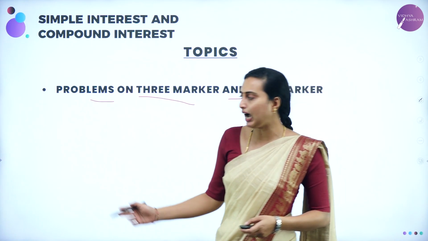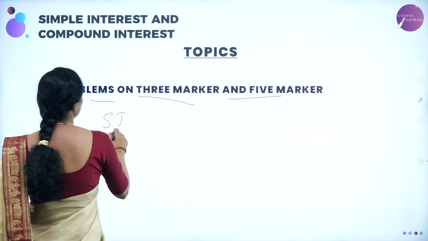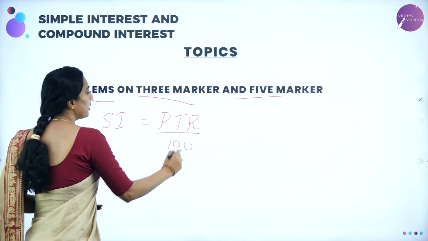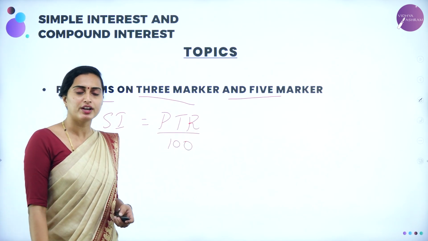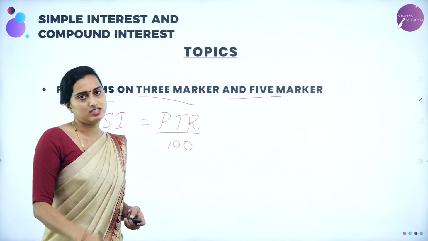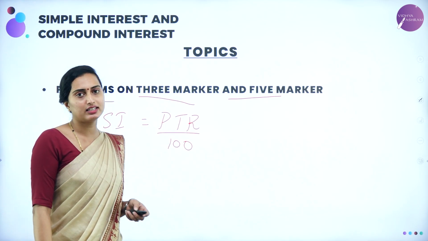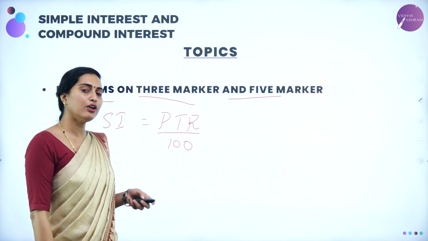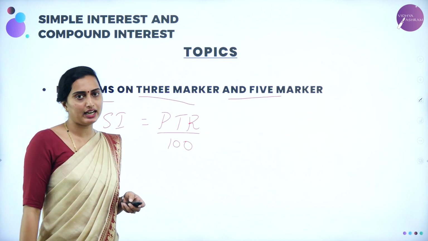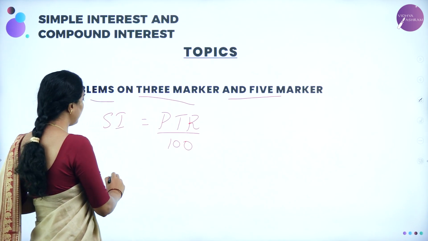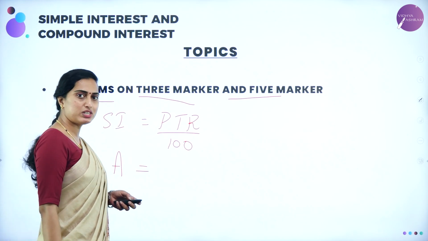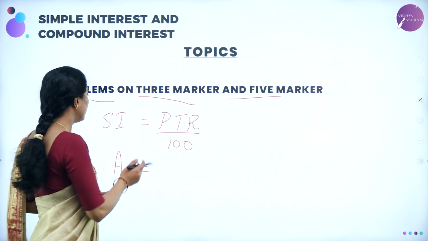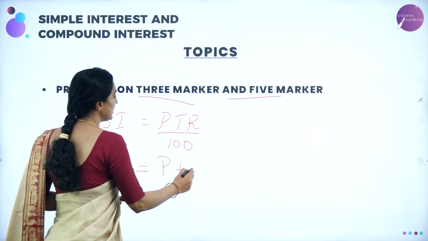You are going to remember what you mean by simple interest. Simple interest is given by SI equals PTR divided by 100, where P is nothing but the principal amount, T is nothing but the number of years per annum, and R is nothing but the rate of interest you are going to have per year, isn't it? And if they ask you to calculate the amount, the amount is given by A, which is called amount. A equals principal plus SI.